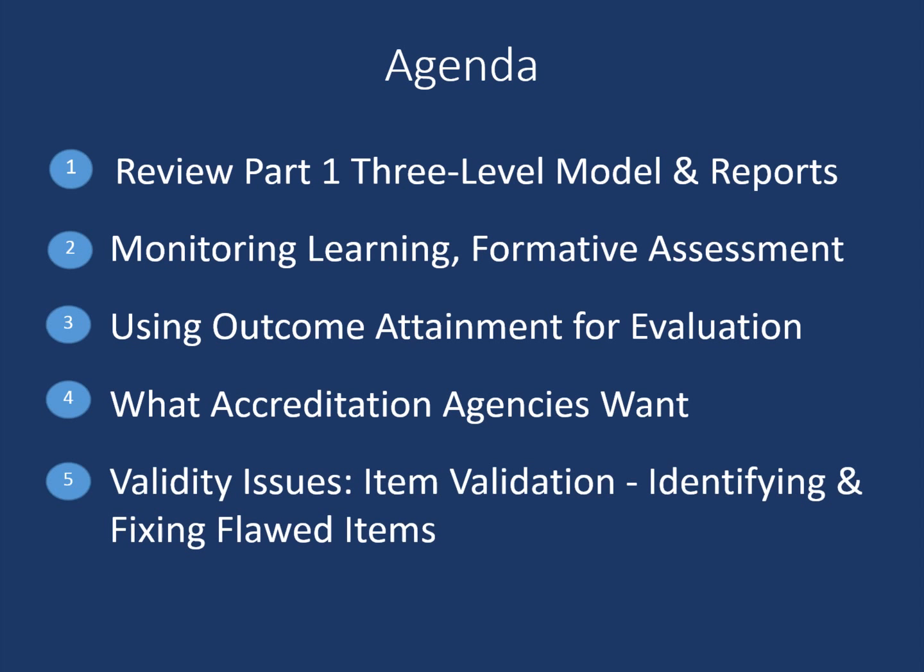Refresh our memory and talk a little bit more detail about what we think accreditation agencies and organizations are wanting. And then we'll talk about something that's very important in terms of evidence, the validity issues, item validation, identifying and fixing flawed items, some very specific, we think, helpful tips for that, because in the end, the notions of validity and reliability are important to everything we're talking about. So we hope to demonstrate that as we go along.